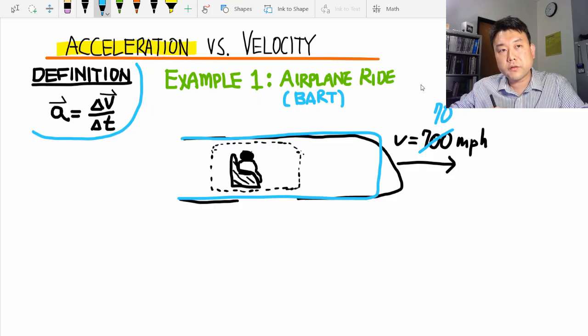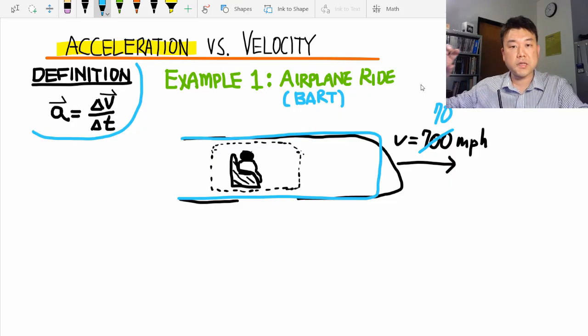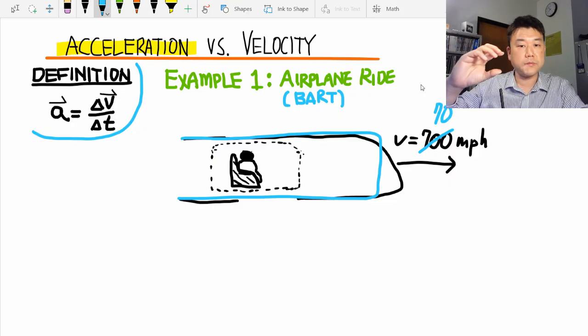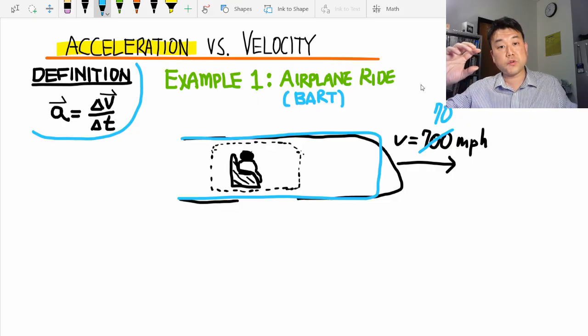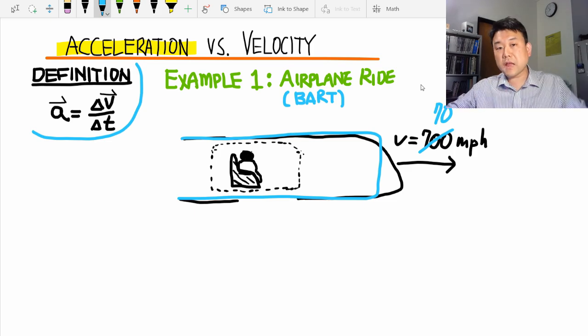Imagine the part of the BART ride where the train is moving at a constant speed. It just left the station. It reached the maximum speed of 70 miles per hour. And the next station is a few minutes away, so it's continuing to move at 70 miles per hour. It's that portion of the motion that you don't quite feel.